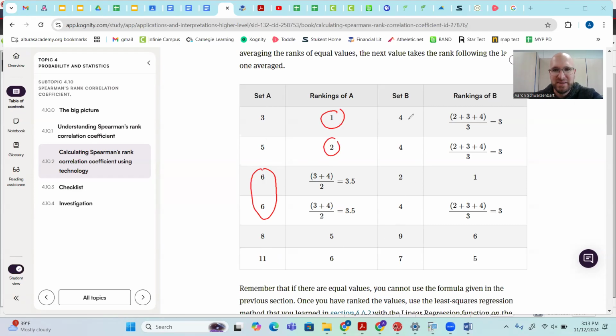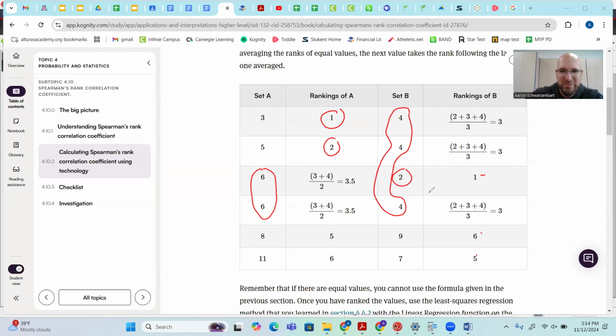Set B, that's first. These three here are tied for second, third, fourth, so we average second, third, fourth, and we get third. This is fifth, and 9 is sixth.